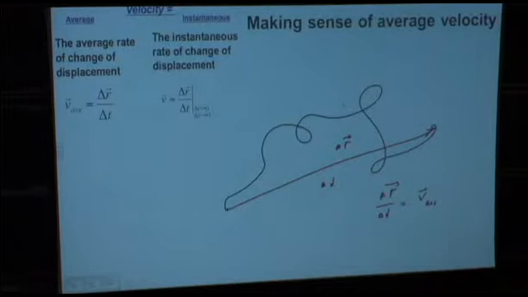What's supposed to be the direction of this vector? Please, anyone. How would you describe the direction of the average velocity? Measure it in degrees. That would be the next step.